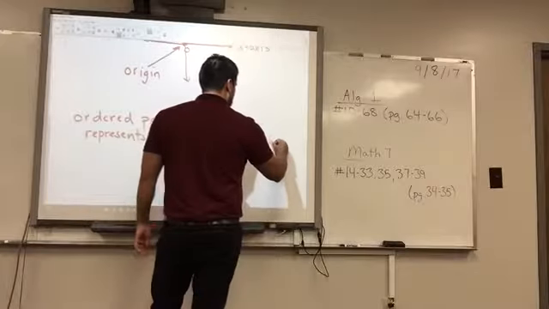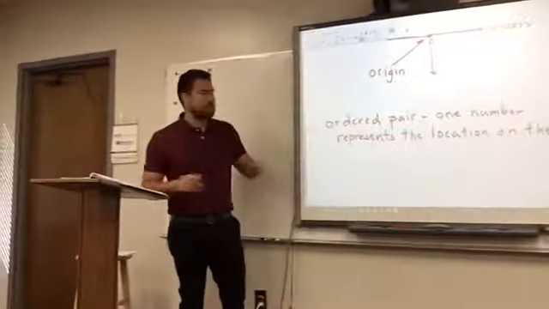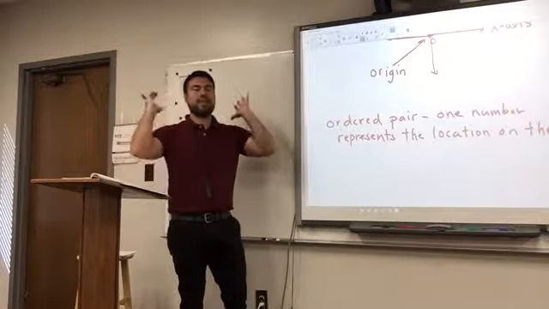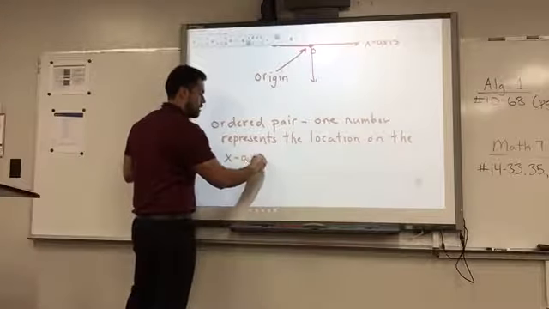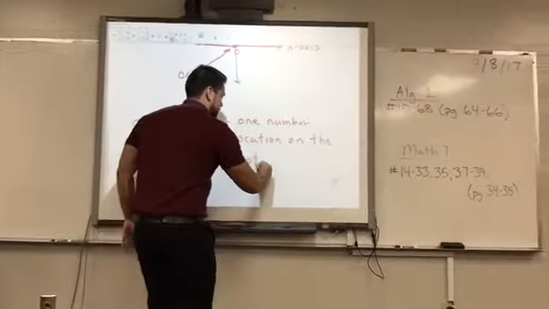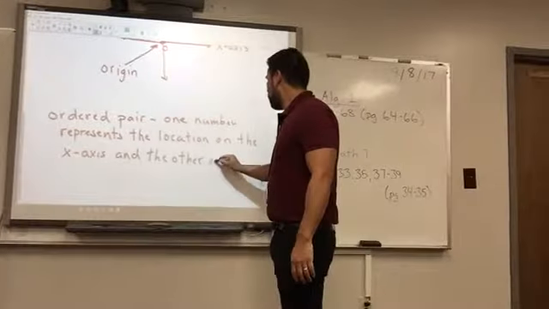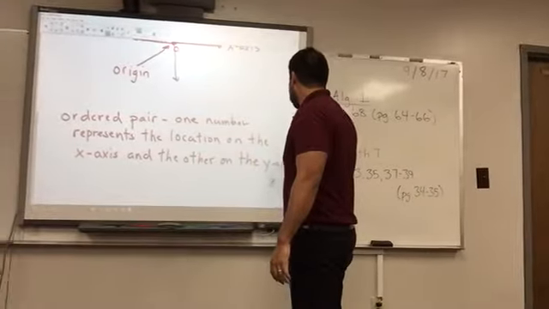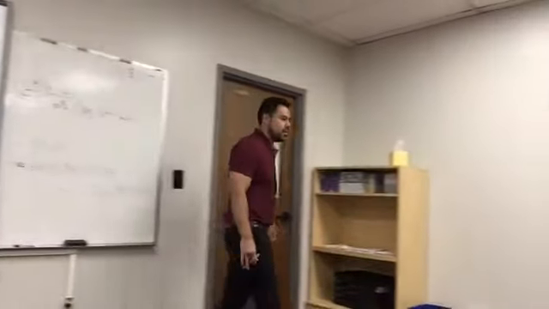I'm giving you a long definition here, so you kind of understand what we're talking about, and then boom, the simple way. One number represents the location on the x-axis, and the other on the y-axis. Okay, so that's like the long way of explaining it.